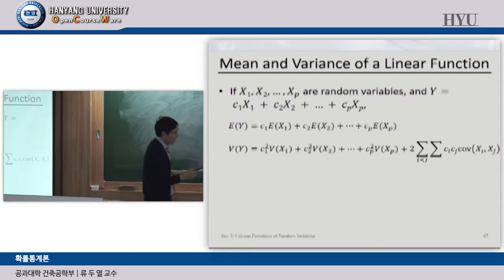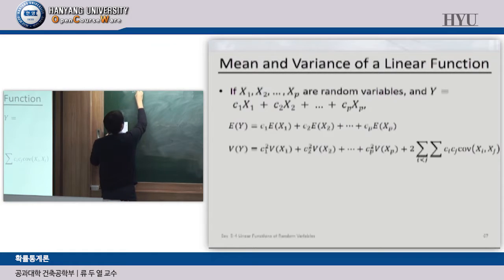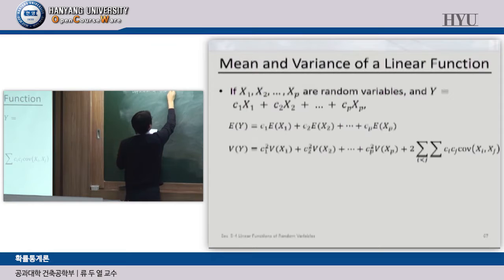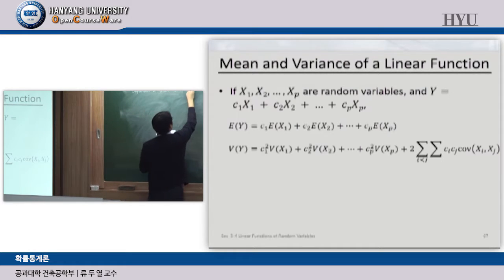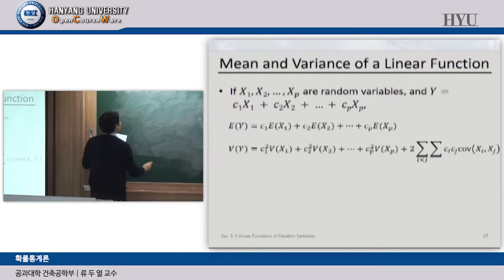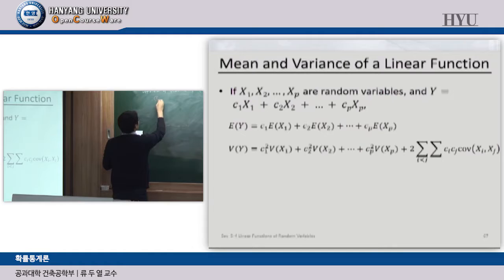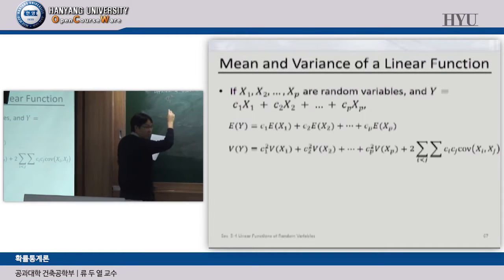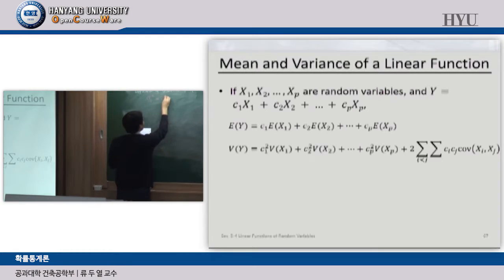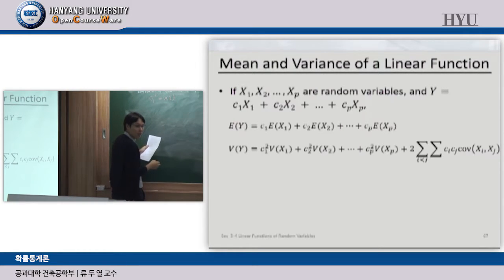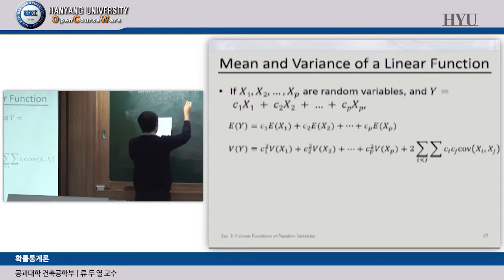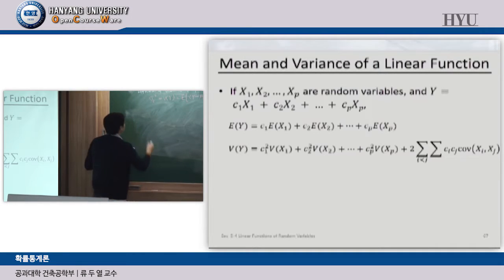To derive it, we first use the definition of the variance of Y: sigma y squared, equal to V[Y], which is the mean of (Y minus mu Y) squared.